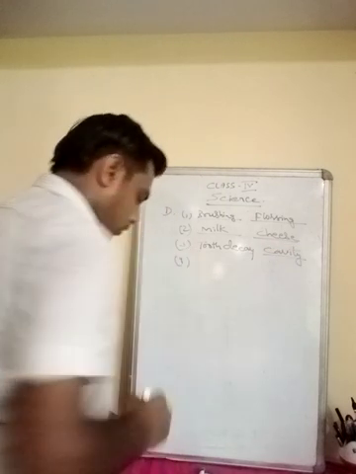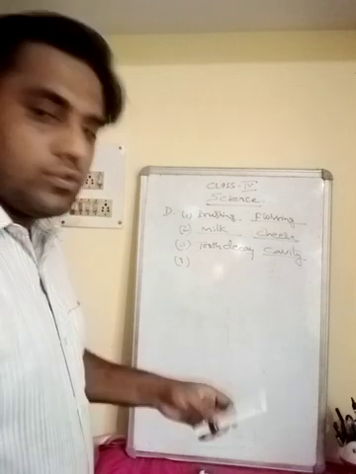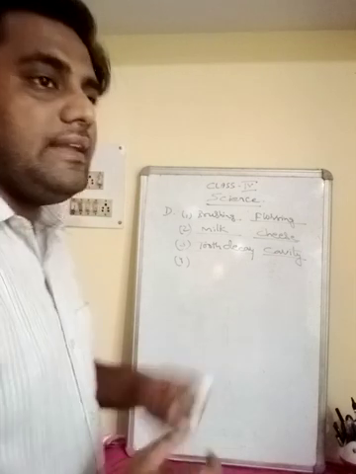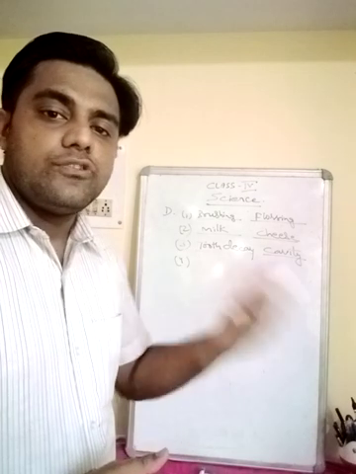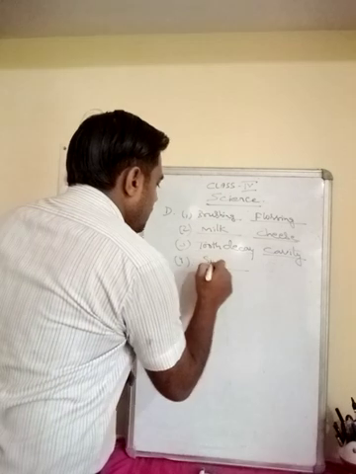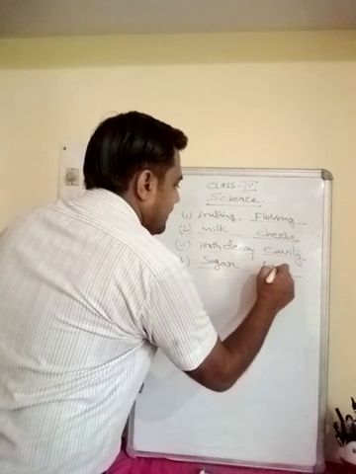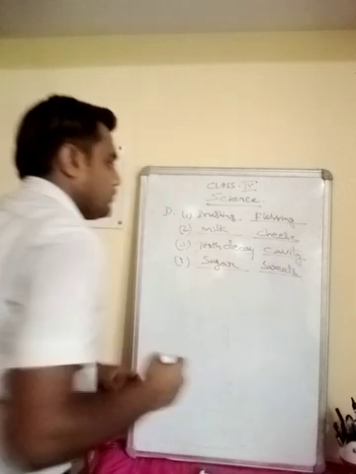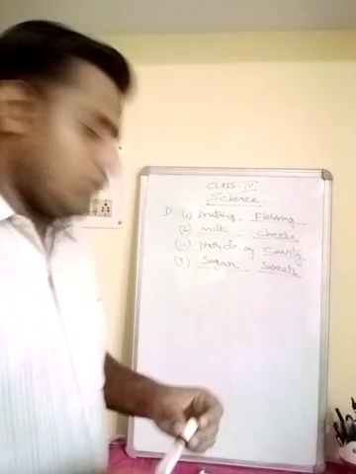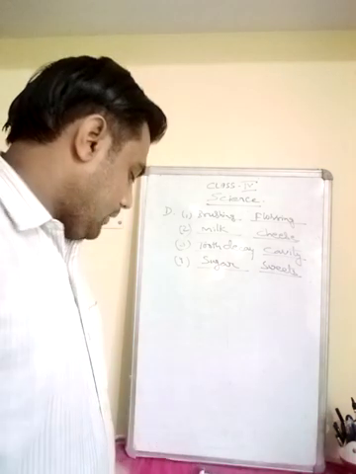Then you have number 4, food that usually lead to tooth decay. Now food which we eat and that leads to tooth decay. Well, sugar and sweets.